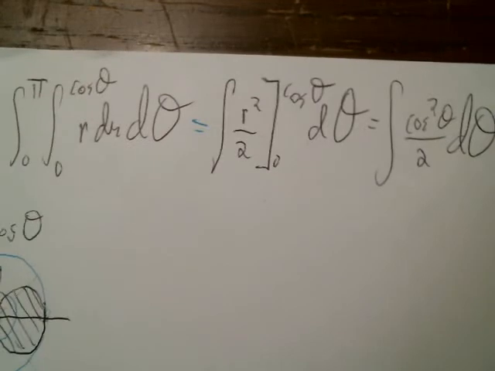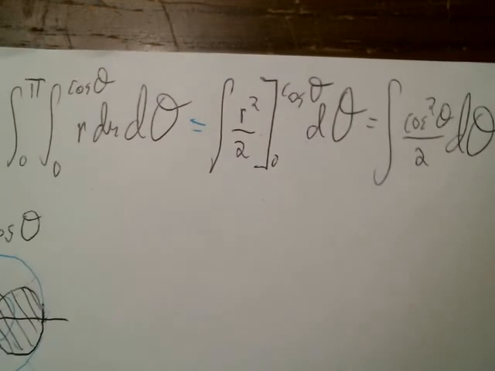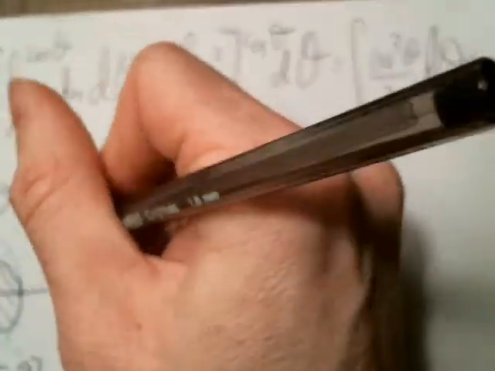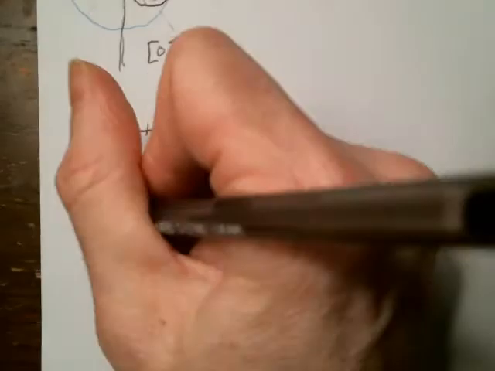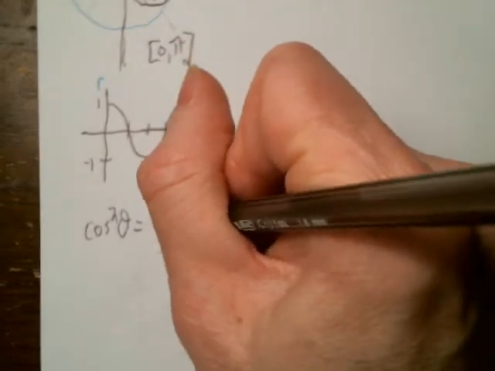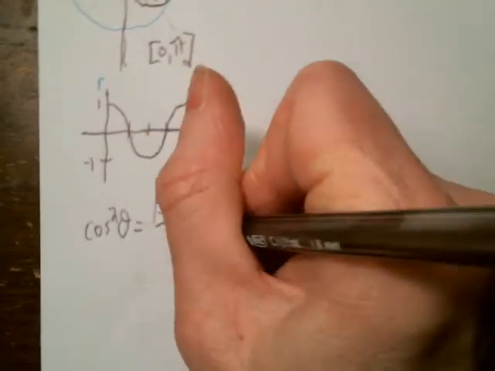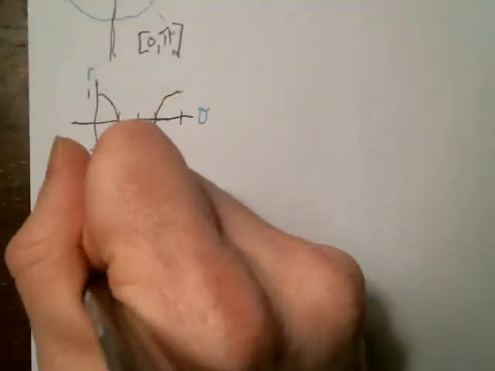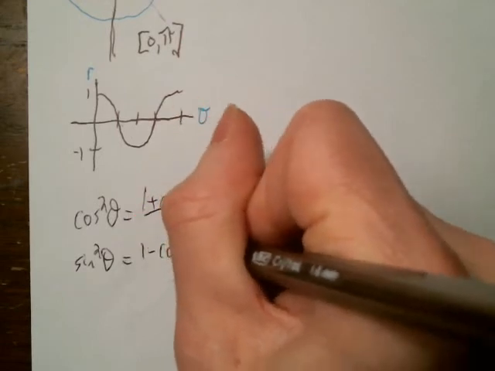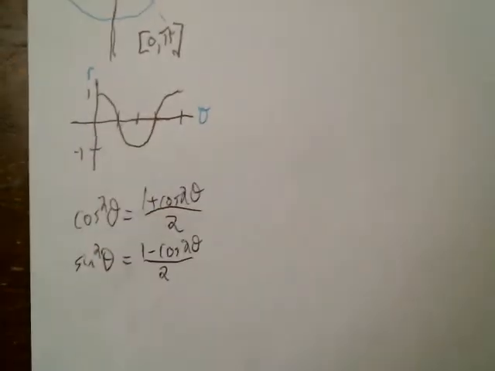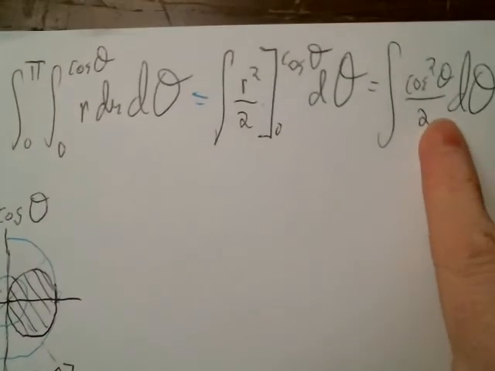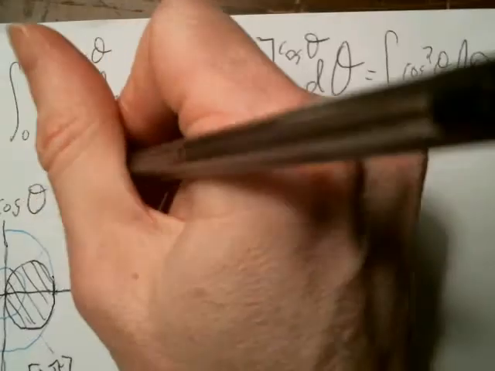Okay. And then the important identity that we'll need right here, let me put it down here. Recall cosine squared theta is 1 plus cosine 2 theta over 2. And then the other one, sine squared theta, is 1 minus cosine 2 theta over 2. Okay. So I'll replace the cosine squared with that identity. Let's factor out the 1/2 first.